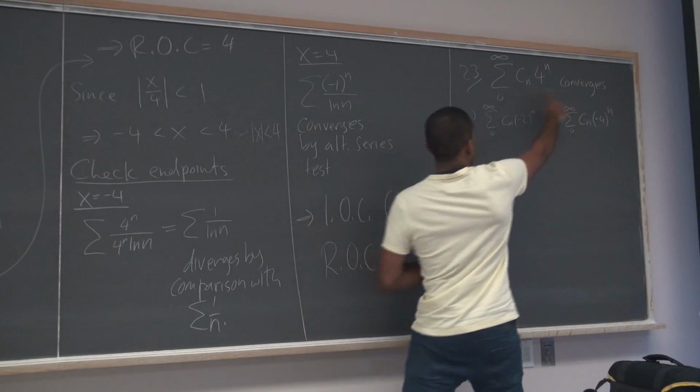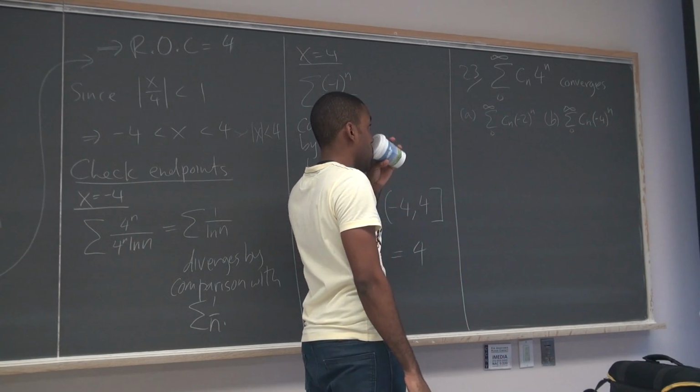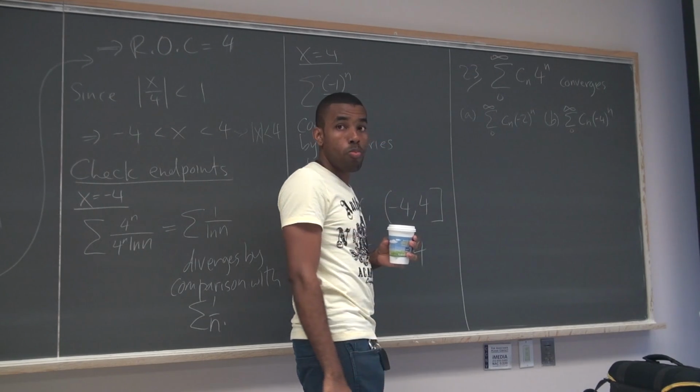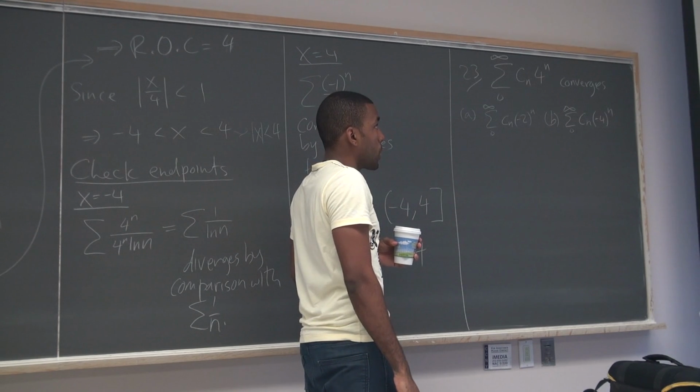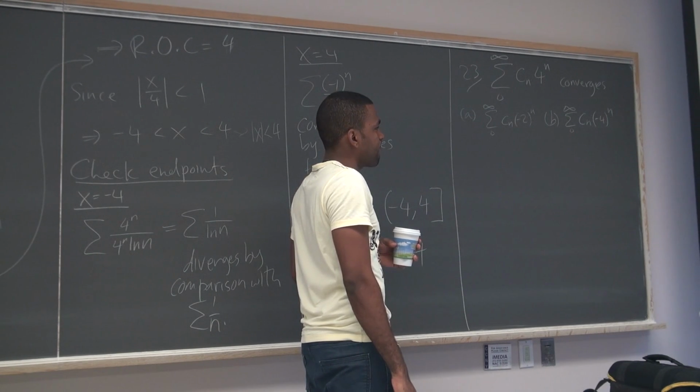Okay, so we're given that this converges, and do these converge? What do you think? I think A does, because for the first one, R equals 4, so your interval is -4 to 4. And for A, -2 is within that interval, so it must converge too.